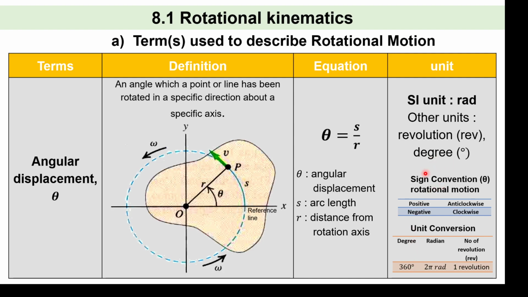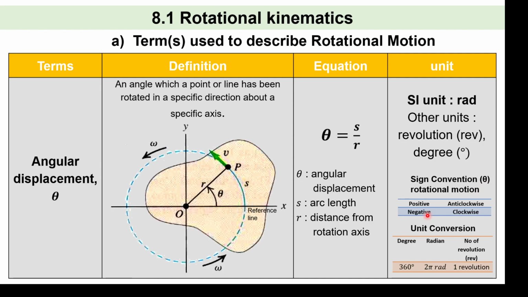Another important thing to note here is the sign convention of the angular displacement. If it is rotating in an anti-clockwise direction, the angular displacement theta is positive. If it rotates in a clockwise direction, the angular displacement theta is negative.